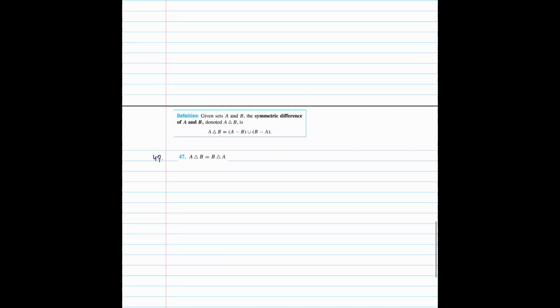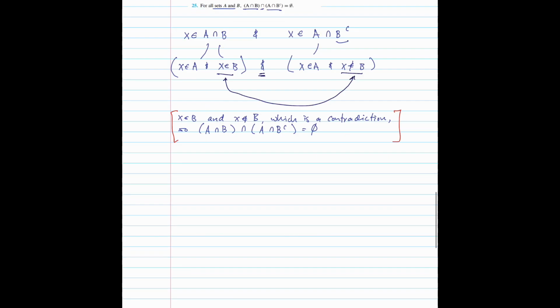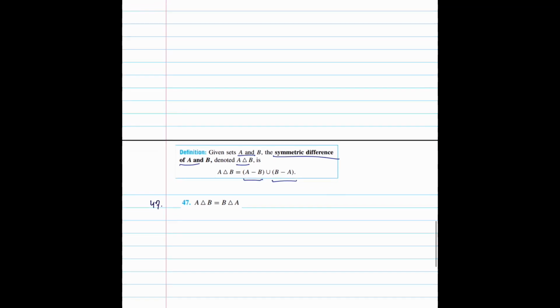Alright, 47 says, given sets A and B, the symmetric difference of A and B is denoted as A triangle B. So that is basically A minus B union B minus A, right?